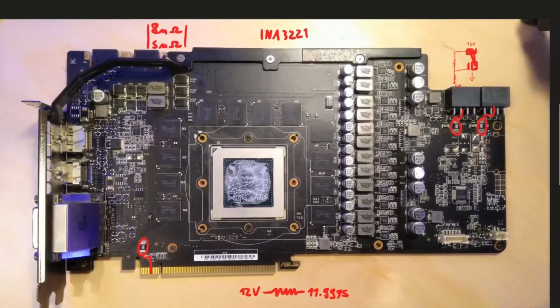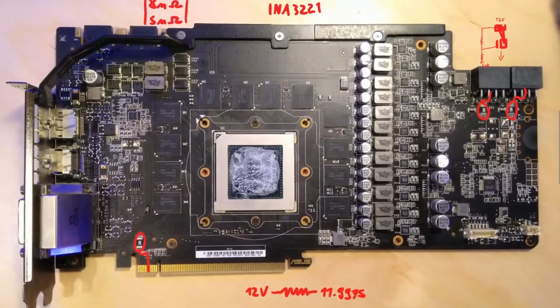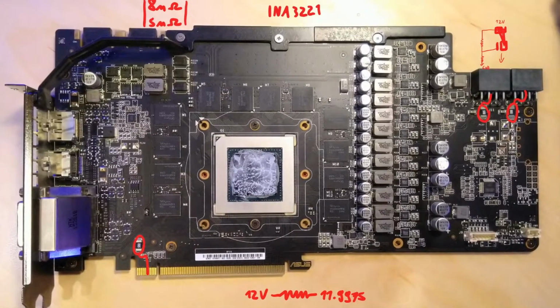So we're going to go into NVIDIA cards first, because AMD and NVIDIA do use different systems for power monitoring. And this right here is a picture of my 980 Ti Strix that I took. It's a pretty old picture, but it does have everything visible that we need. So yeah, these three things are 5 milliohm shunt resistors. And these shunt resistors are used to measure the power consumption of each of the 12 volt power sources that the card has.